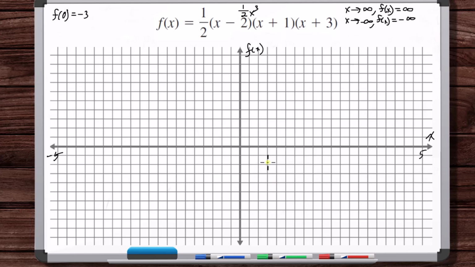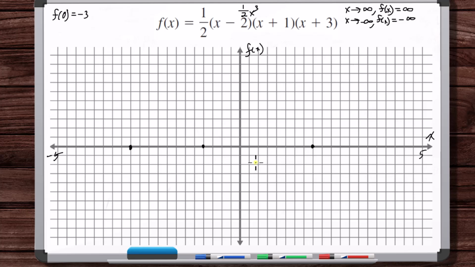Okay, so let's see. x is equal to 2. 1, 2, 3, 4. Okay, x is equal to minus 1. 1, 2, 3, 4. And minus 3. 1, 2, 3, 4. Okay.